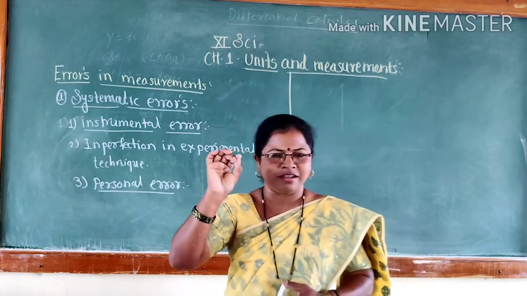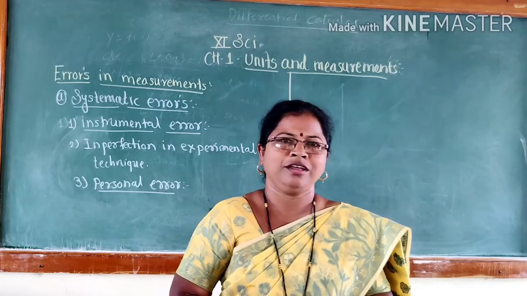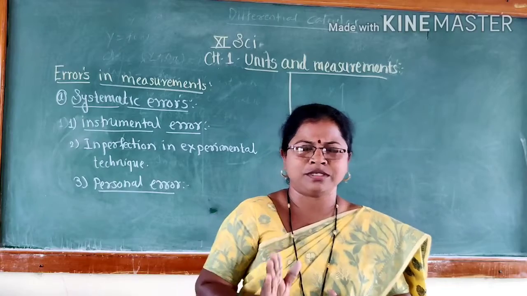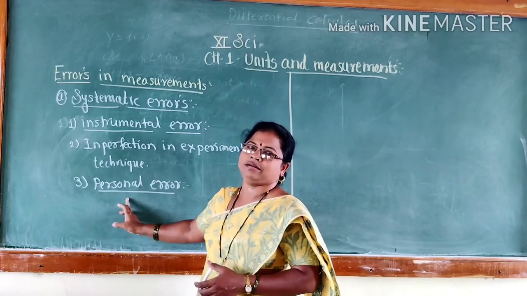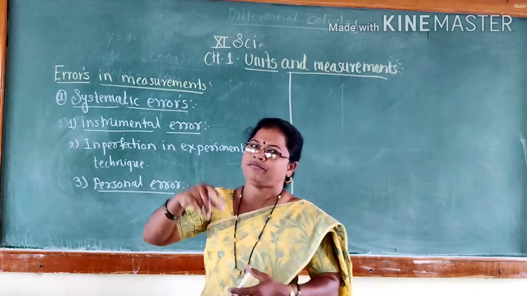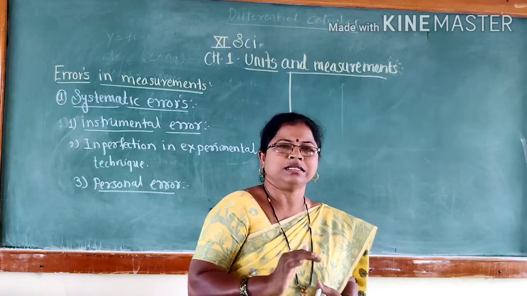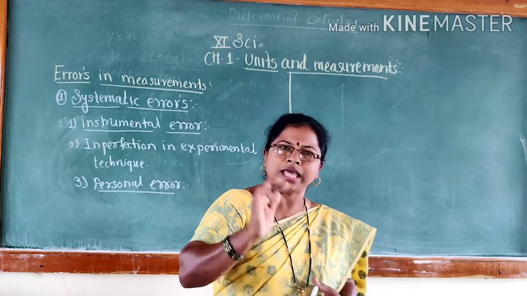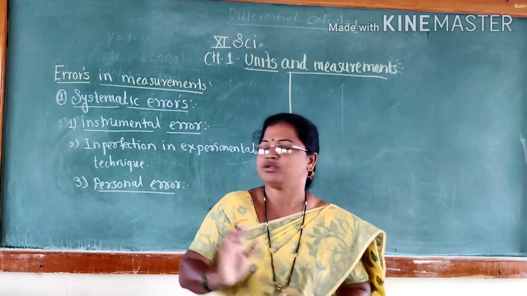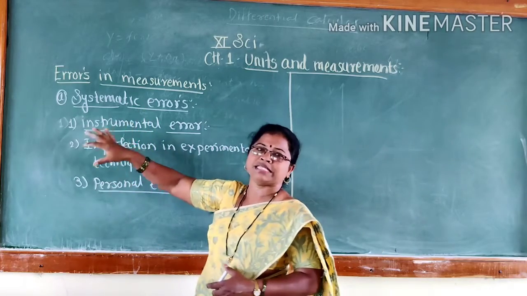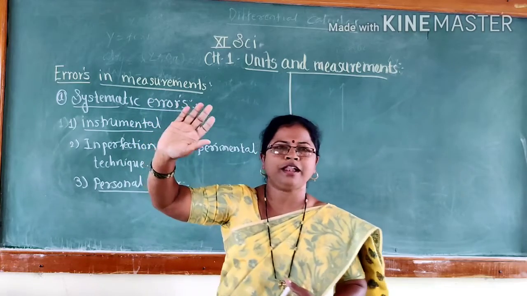Such errors are introduced due to fault of the observer, and a lot of times this error is due to the person. If the person has some defect, then there are also errors in the measurement. Such types of errors are present while taking the measurement of a physical quantity.